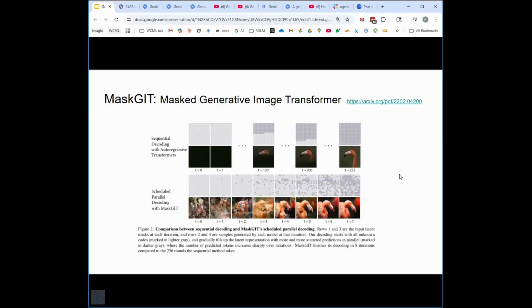But most of those models never modified a patch once it had been picked. So it looks like in the second image, you've picked this patch that's about in the center, left, right, and near the top. And then once that gets hard-coded, everything else fills in around it in a way that makes sense.